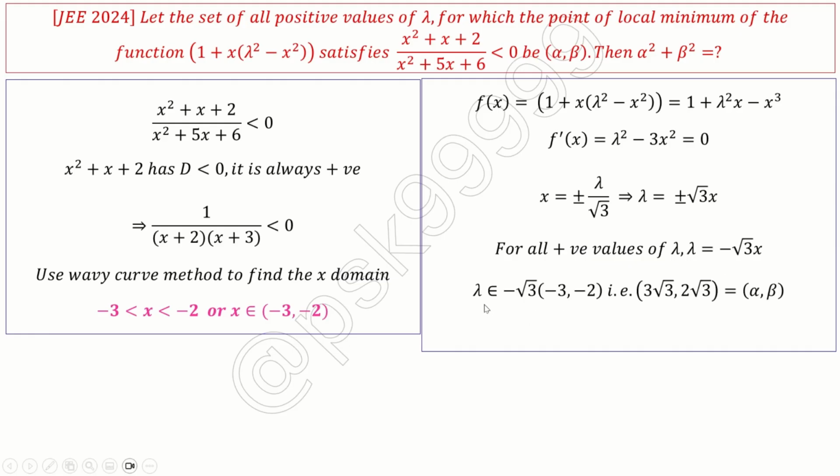Now lambda is minus square root of 3 times x, and minus 3 to minus 2 is my x range. So it is between 3 square root of 3 comma 2 square root of 3. This is my alpha comma beta. Now once I know this, alpha square plus beta square is nothing but 27 plus 12, which is 39. That's the answer. Hope you understand this one.